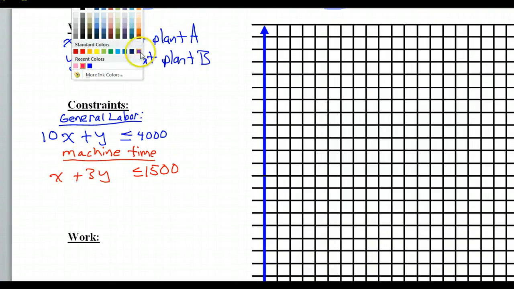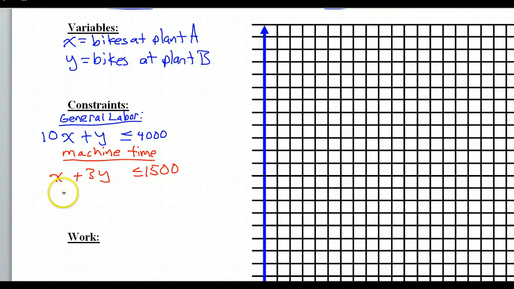You know what, I better do purple. Okay, so this will be my technical labor. All right, here comes a technical labor constraint. And whatever else happens, it's got to stay less than or equal to 2,300.